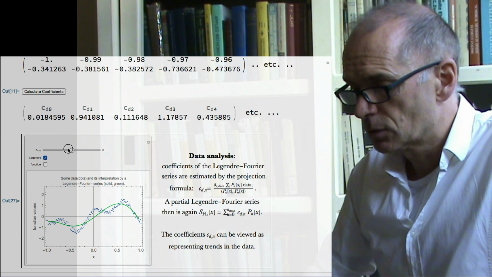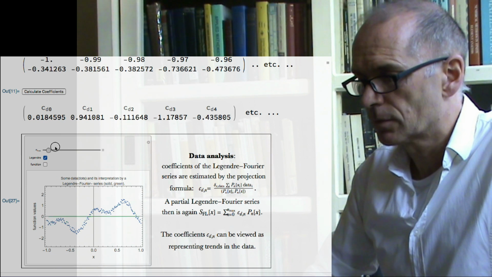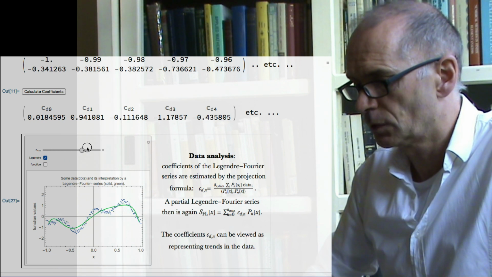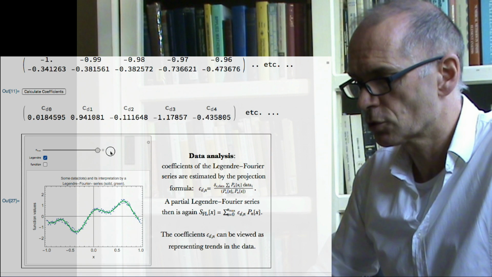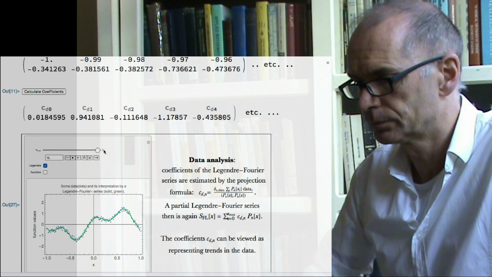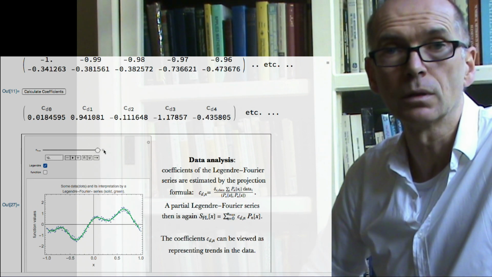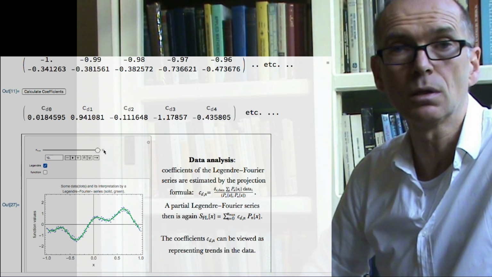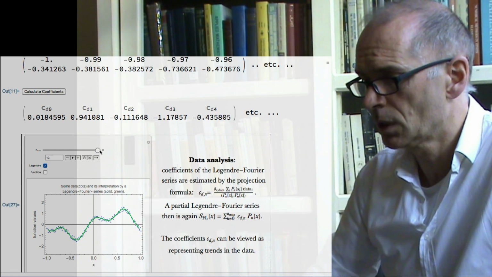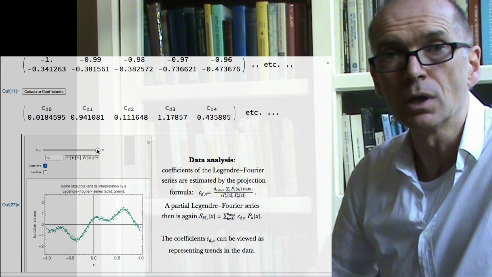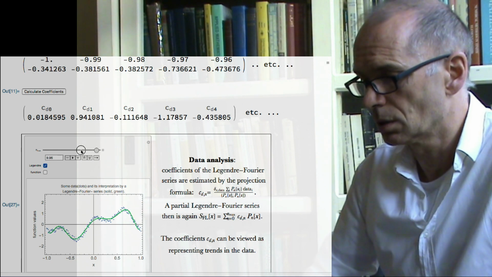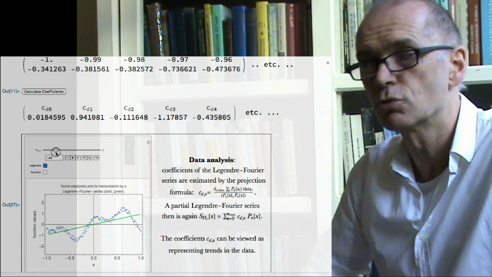They are very similar to the ones that we had in the previous slide. See? If I add sufficiently many terms, about 10 say, I get a rather decent interpretation of this data. And now, as I said in the previous slide, you can use that to do trend analysis.